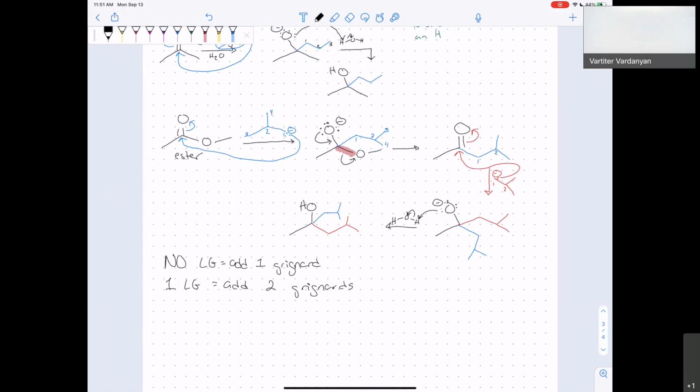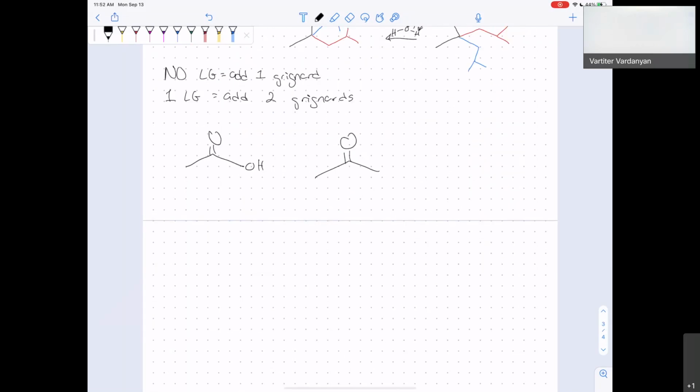So if we ever have a group like this, a carboxylic acid, it'll be no reaction. Or if we have that, that'll be no reaction. Or if we have a triple bond.